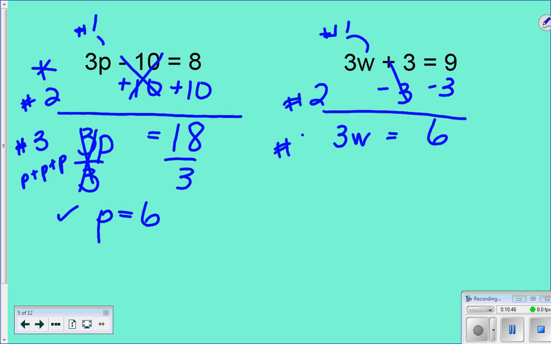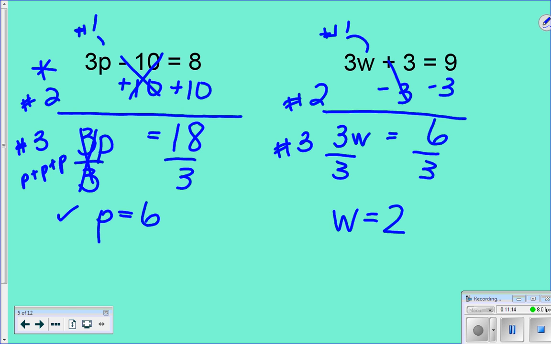This is going to be step 3. And once you get this far, you're going to divide by 3. You should get W equals, anybody? 2. Good job. Nice work.